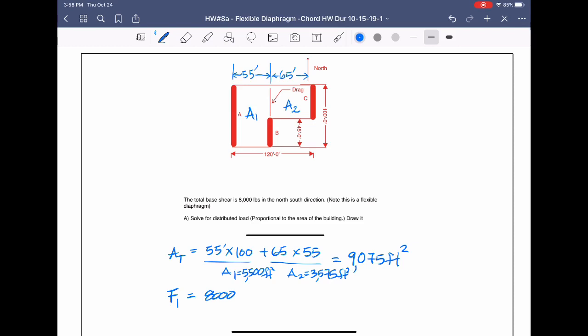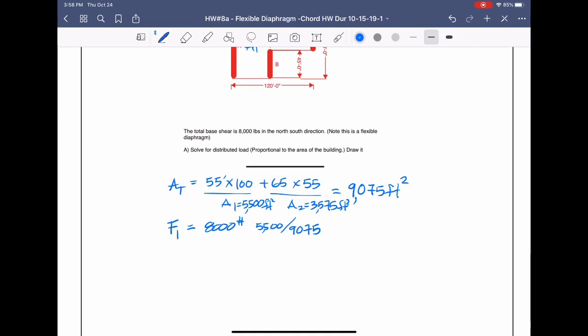So you'll take 8,000, which is total base shear in pounds, and you'll proportion it to the area, which is 5,500 over 9,075, right? Which then is equal to 4,848 pounds. Okay.